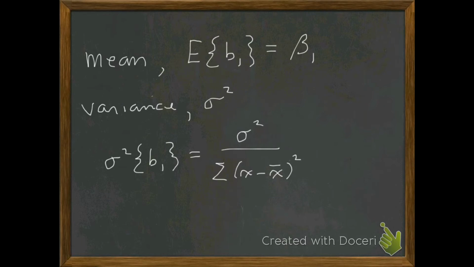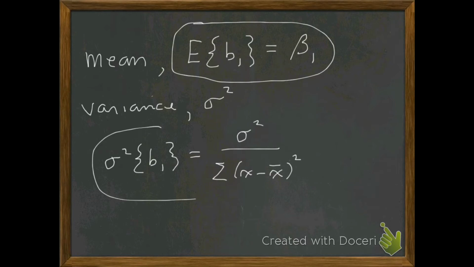I'm not going to spend much time talking about this. We have an unbiased estimator; we talked about that before. But I would like to examine the variance a little more closely.